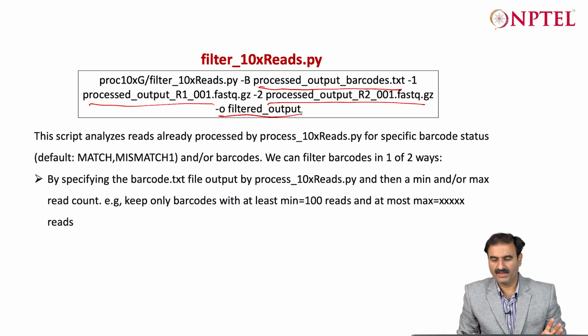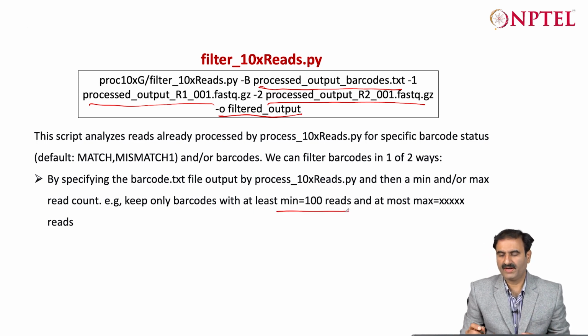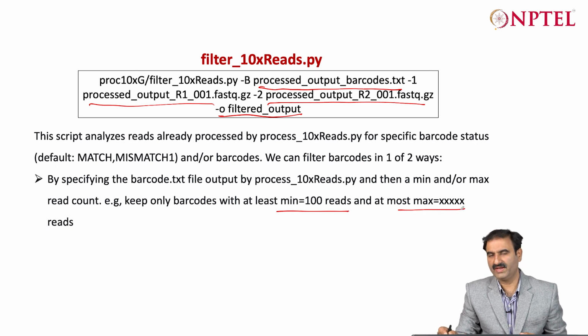You can keep barcodes depending on match or mismatch status, or barcodes assigned a minimum number of reads, such as 100 reads, to make sure you select barcodes with a relevant number of reads and not any ambiguous barcode.